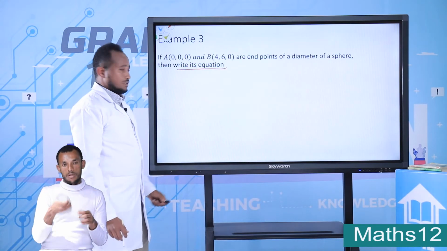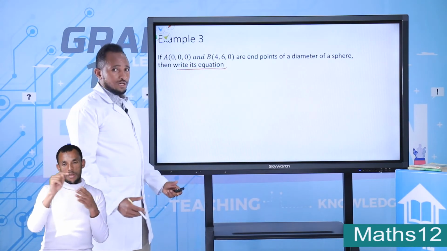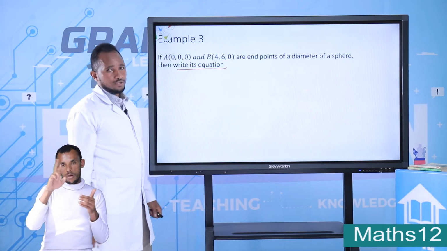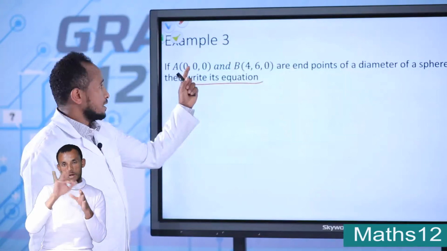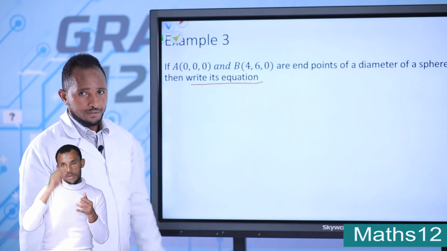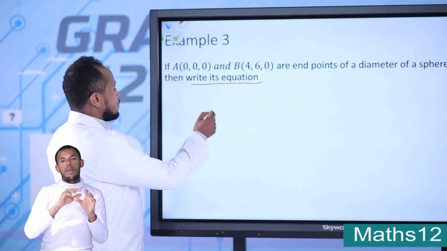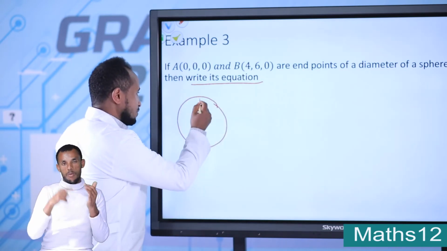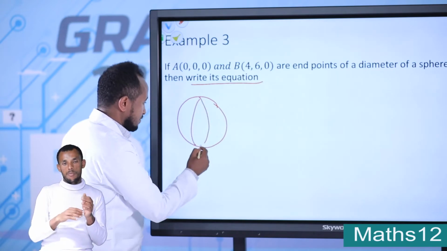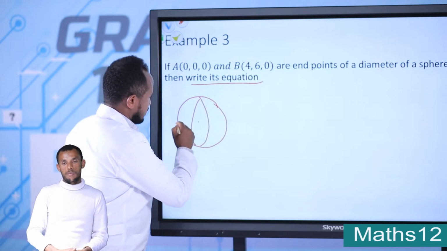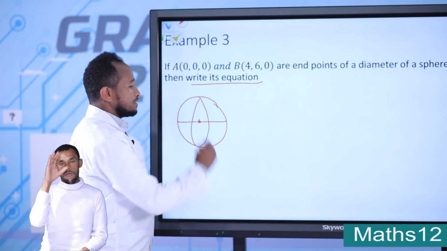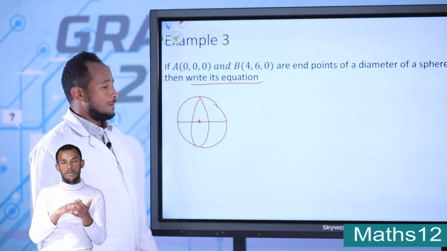To write the equation of a sphere, we need the center and radius. In this case, we are given the endpoints of the diameter, so from the endpoints of the diameter, you can find the center by taking the midpoint formula.